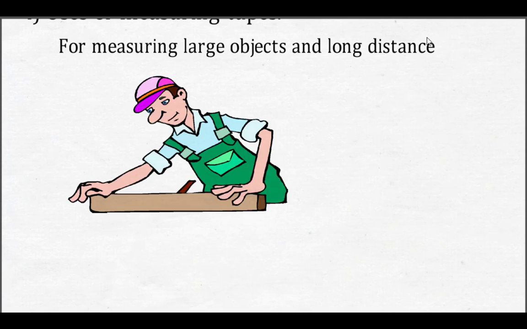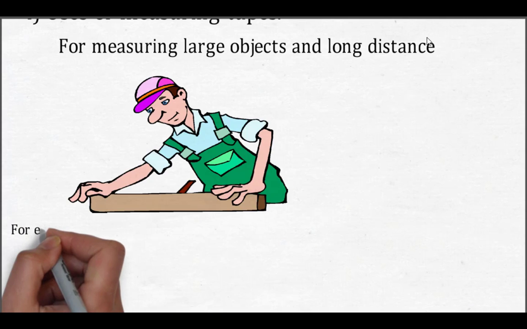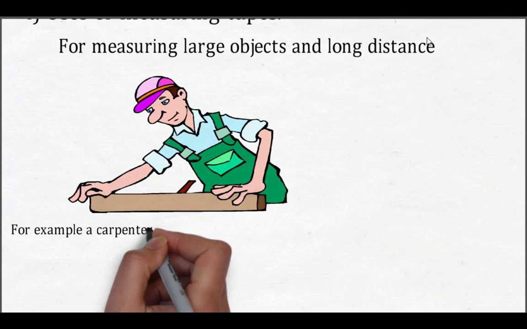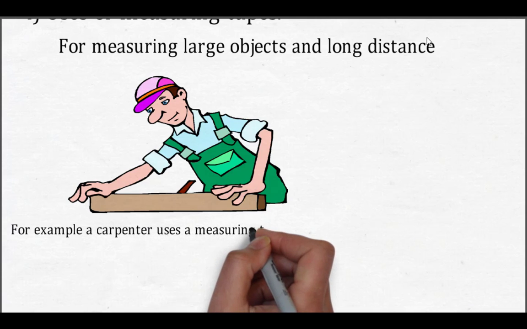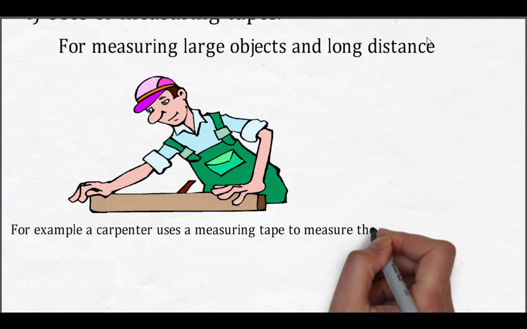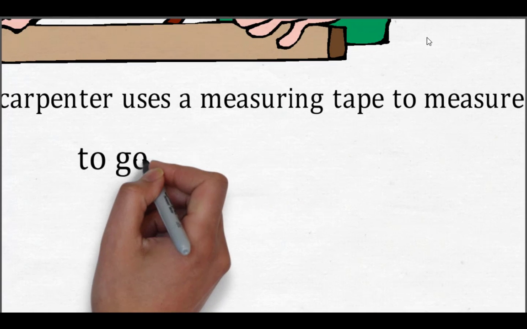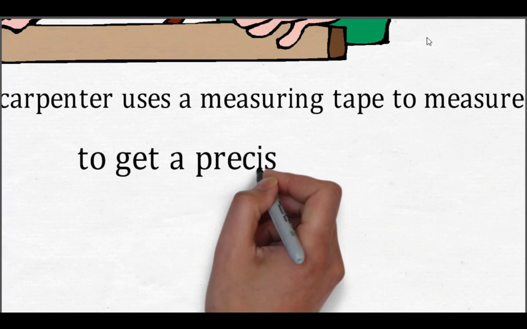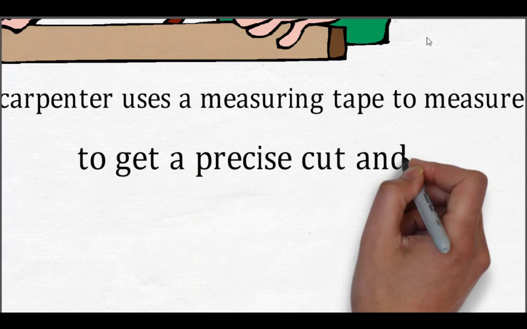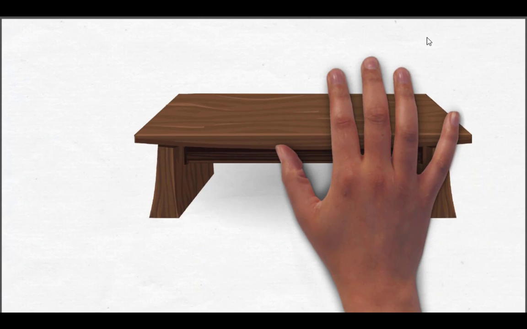Yes, we all know a carpenter. For example, a carpenter uses a measuring tape to measure the length of a wood, is it not? In order to get a precise cut and fit, it is very useful for measuring.